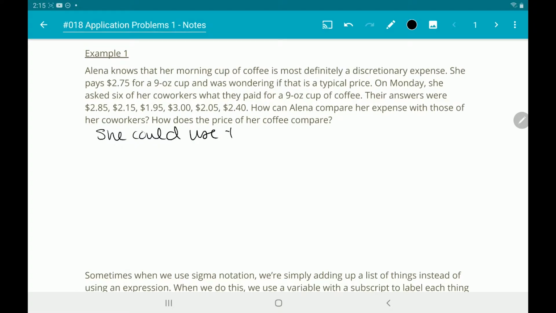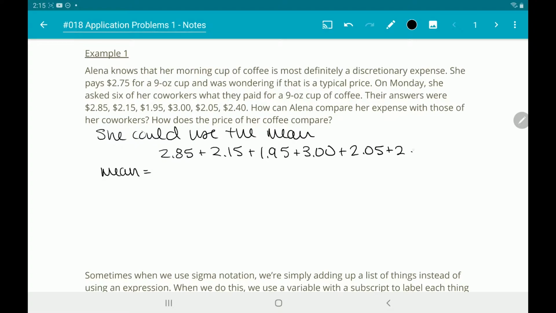If she figures out the average of her coworkers' prices, then she could determine how hers lies in line with those. So in order to find the mean, we're going to add all of these prices together. So we have $2.85, $2.15, $1.95, $3, $2.05, and $2.40.